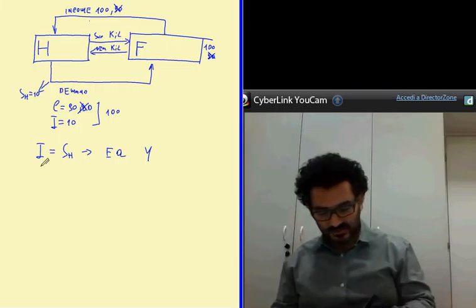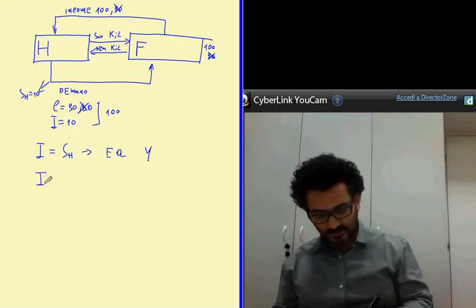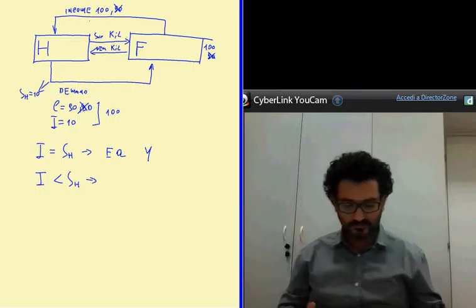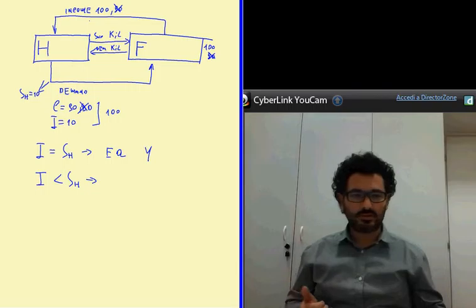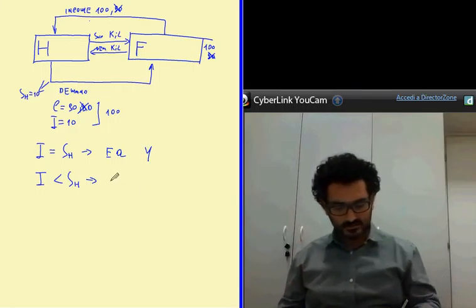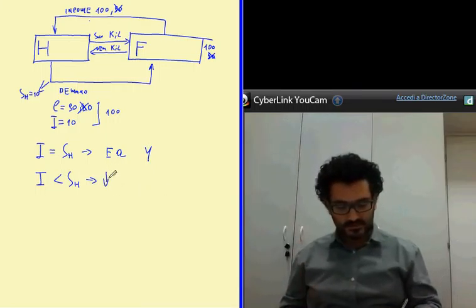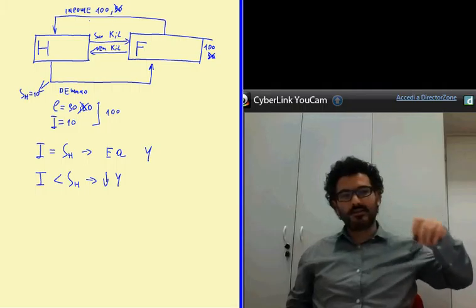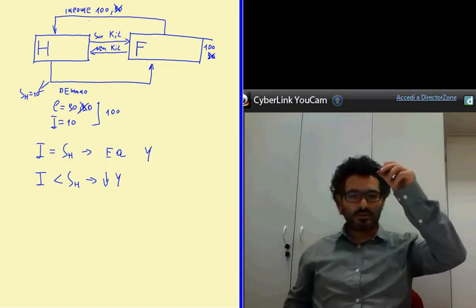But if the investment is lower than household saving, as we have seen before, when the investment was equal to zero and the household saving was equal to 10, this implies a continuous reduction in income, in this case until zero.